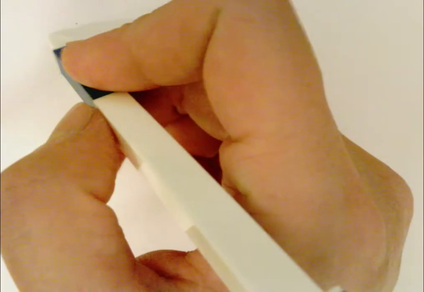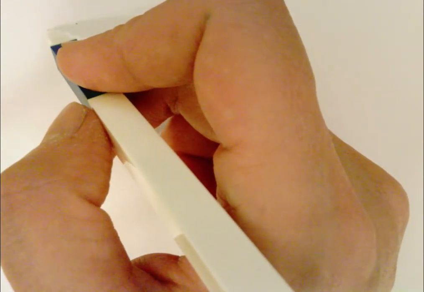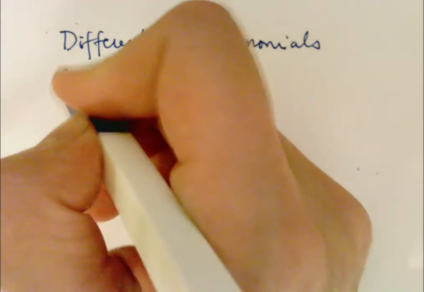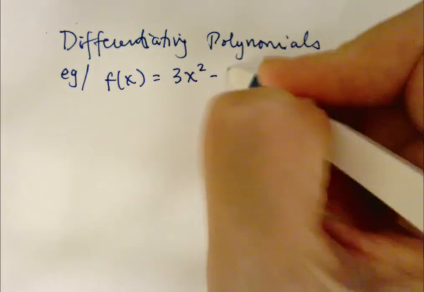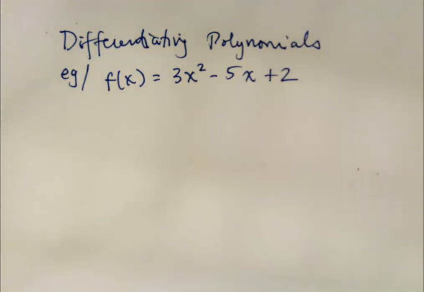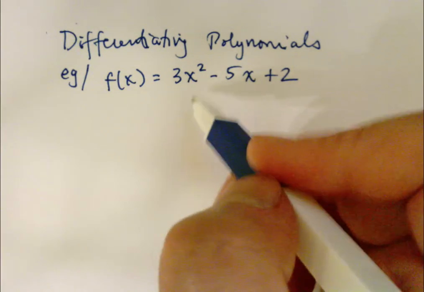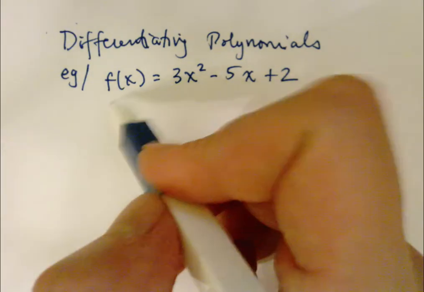Now that we know some basics about differentiation, we can start differentiating polynomials. So, for example, f of x equals 3x squared minus 5x plus 2. We can now use everything we know about the derivative of a constant times a function, as well as the sum of functions, to analyze this.